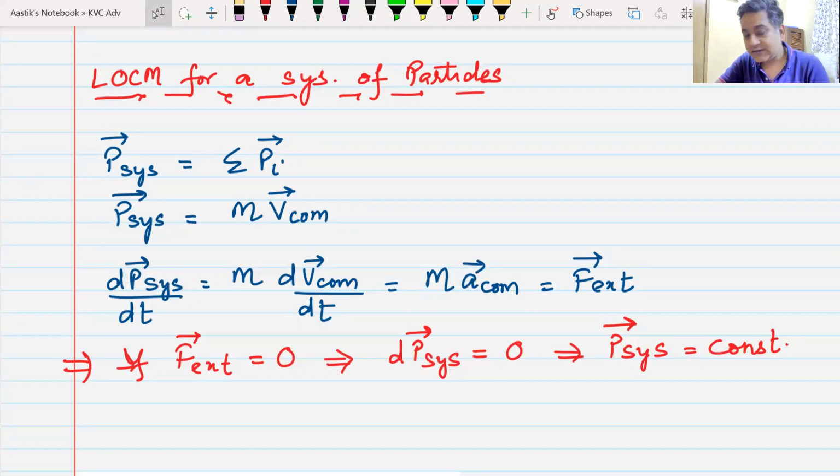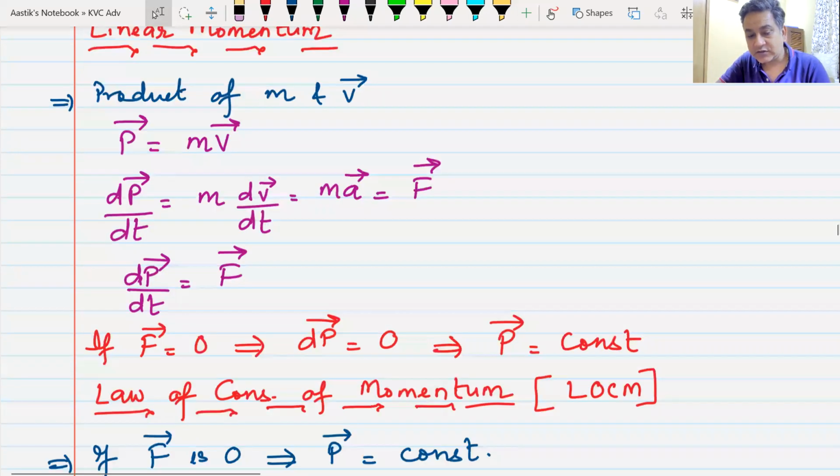This is known as law of conservation of linear momentum. The net external force acting on the particle is zero. The momentum of the particle remains constant, or the momentum of the system remains constant. Now I have tried to make you understand the same thing, not by using force as zero, but impulse as zero. It means the same thing.